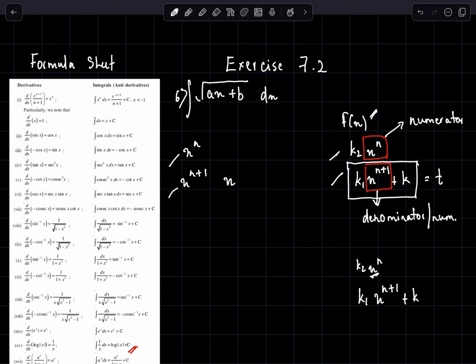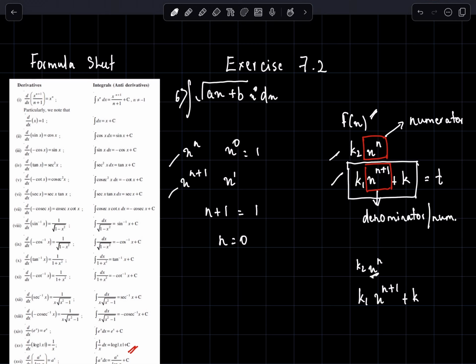Therefore, my x to the power n would be x to the power 1, and n plus 1 is equal to 1. So therefore, my n is equal to 0. So do I have x to the power 0, which is equal to 1? Yes, I do have. So this is x to the power 0.